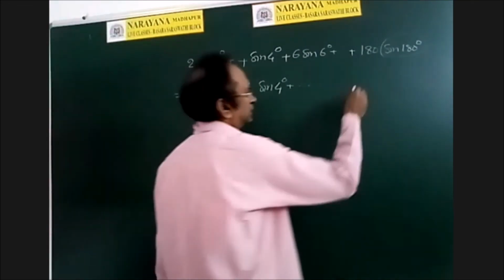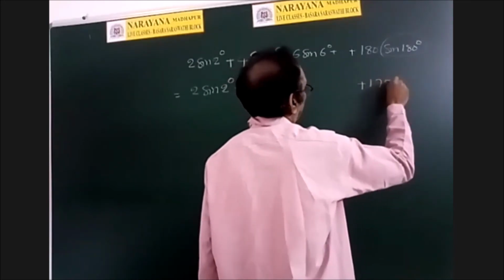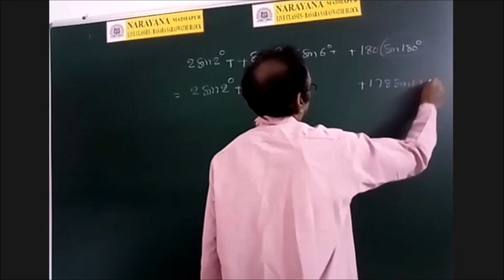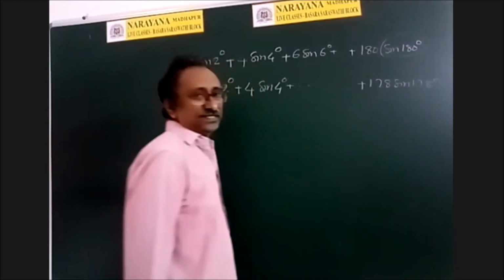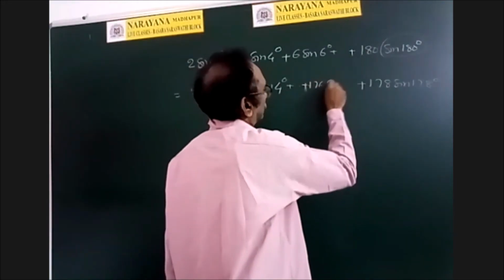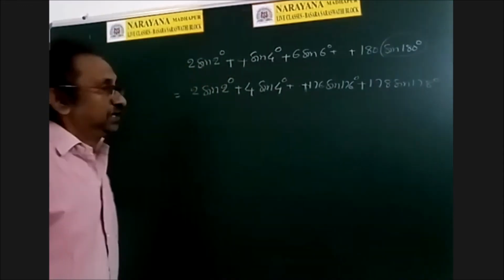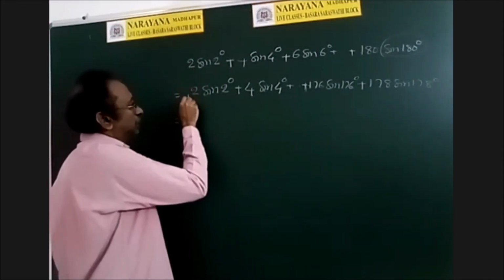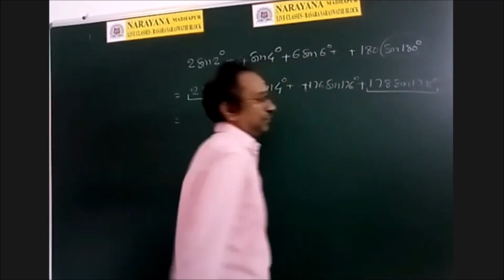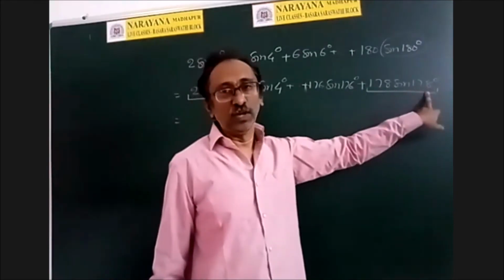Therefore, what is the previous term? We write up to that only: 178 sin 178. What is its previous term? 176 sin 176 degrees. Okay. So I will do one thing: I add these two terms. Why? Because you observe sin 2 is equal to sin 178.